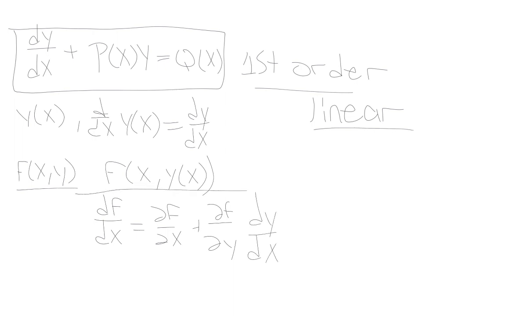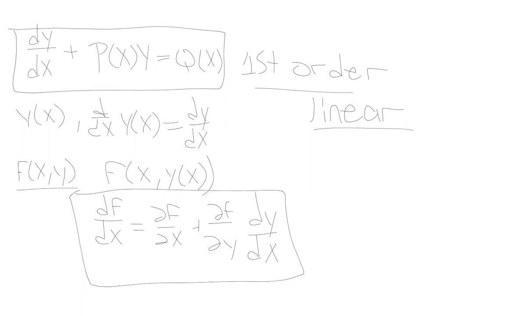This is done with implicit differentiation. I differentiated implicitly because I had a function of y, so I had to multiply it by dy/dx. And for the x part, I just had to take the partial with respect to x using the standard rules that we already know.